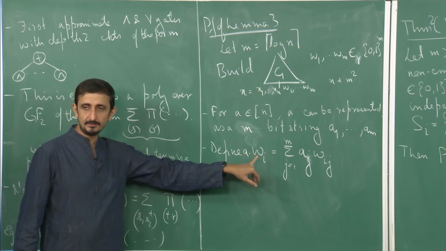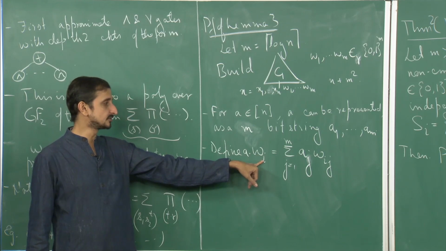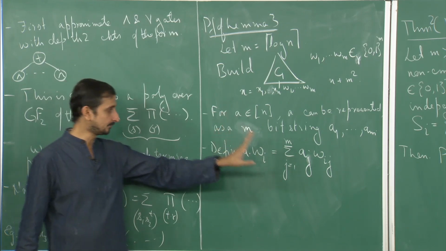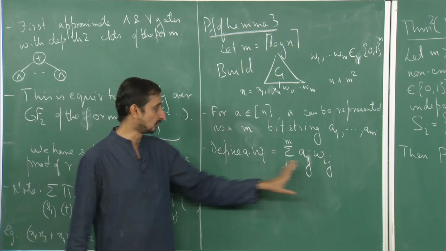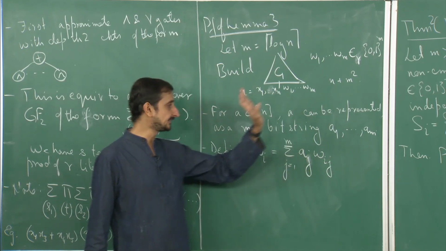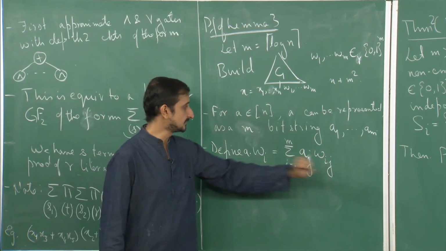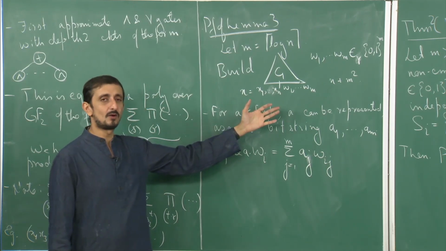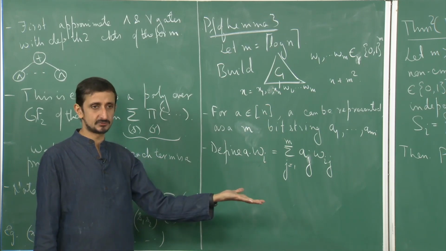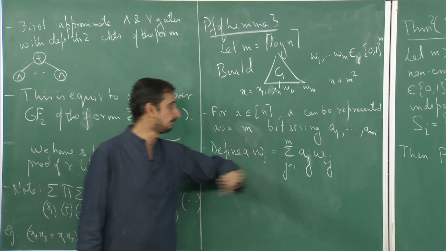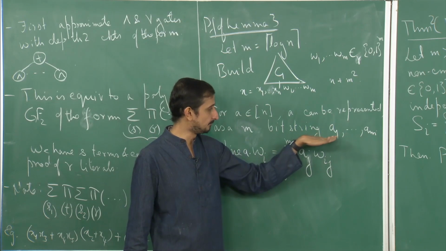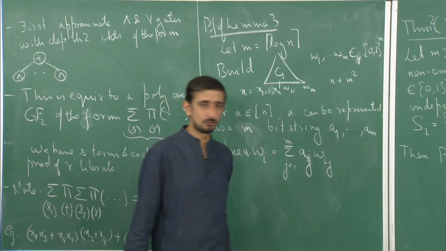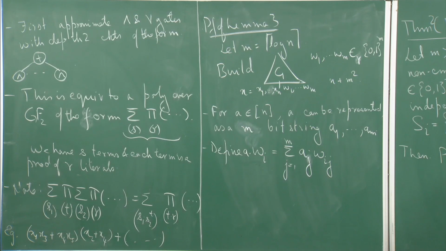So a is a vector, w is a vector. Here I am just doing the dot product modulo 2, and as I said, everything is modulo 2. Although I am writing these as sums, everything that we are doing is modulo 2. So this is just a standard dot product. And any number between 1 and n, I can just think of as an m bit string, and this m bit string is basically these bits a1 up to am. That is the notation that we will use. So now we will build this probabilistic circuit.